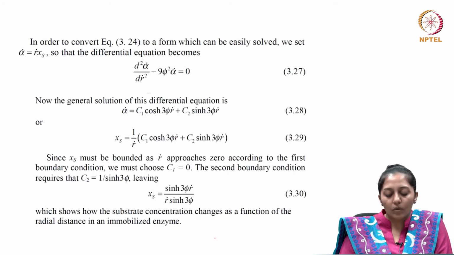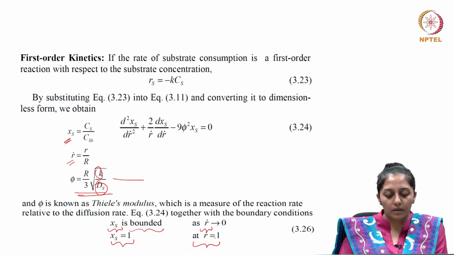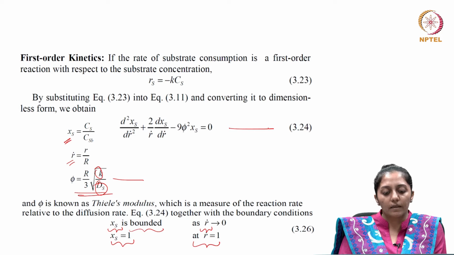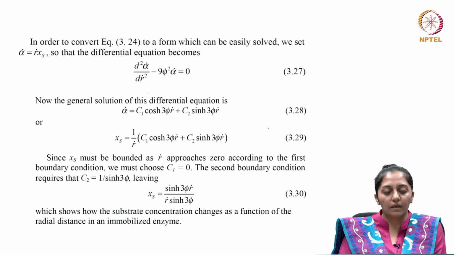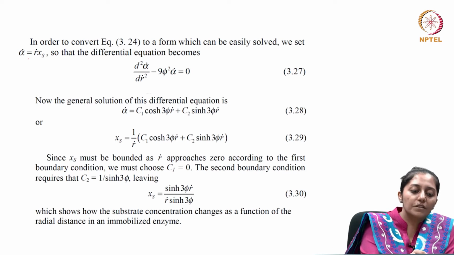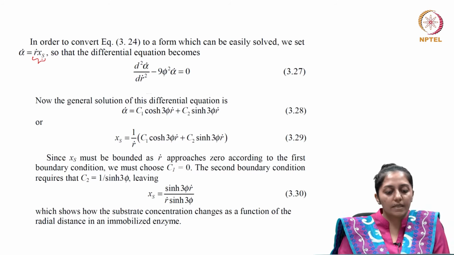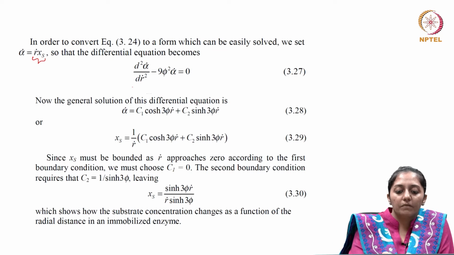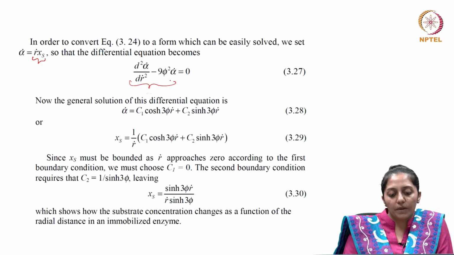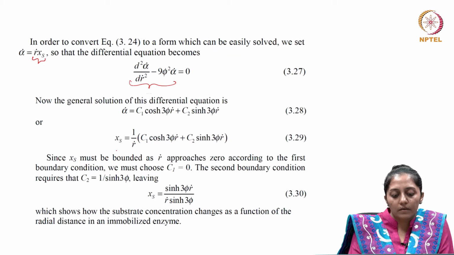Now, in order to solve this differential equation 3.24, like we did for zero order kinetics, a substitution has been done in terms of alpha dot, where alpha dot stands for r dot times xs. Then we simplify the double differential equation and integrate it twice to get xs in terms of r dot.